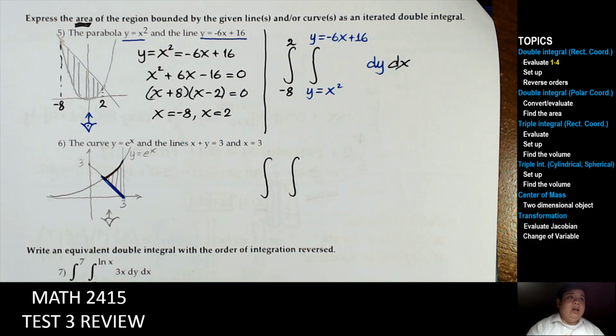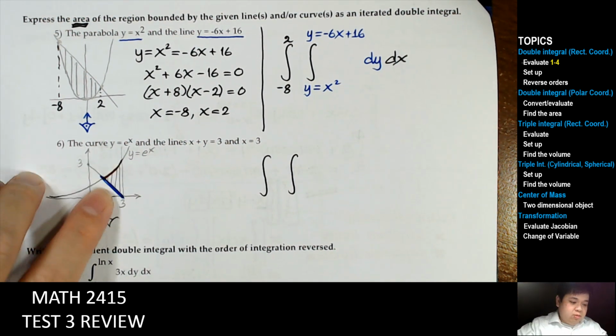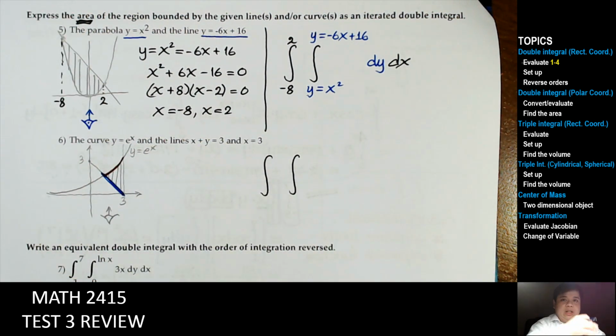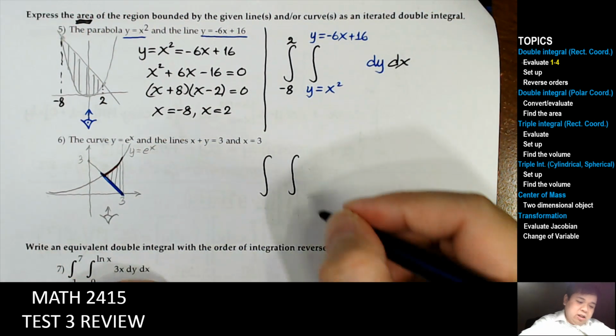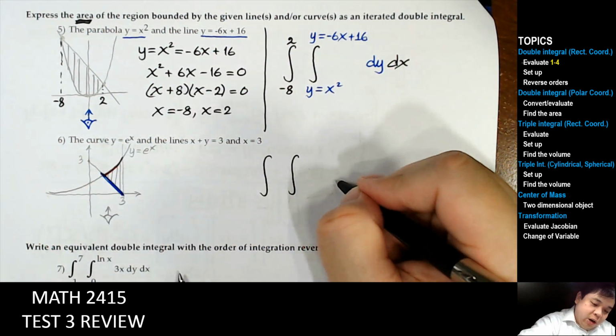And that's what we want. 1 boundary above, 1 below, or 1 left, 1 right. If we look in the y direction, we have that. So that's good. 1 boundary on this side, 1 function on this side. So we're going to put dy inside because that will look along the y-axis.